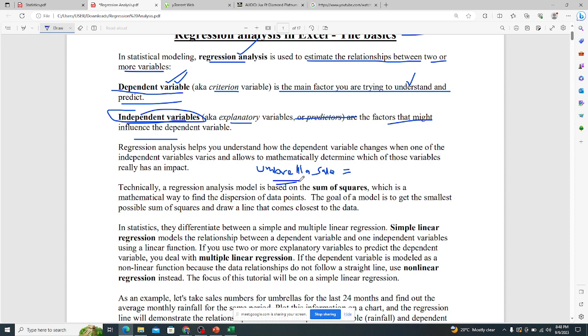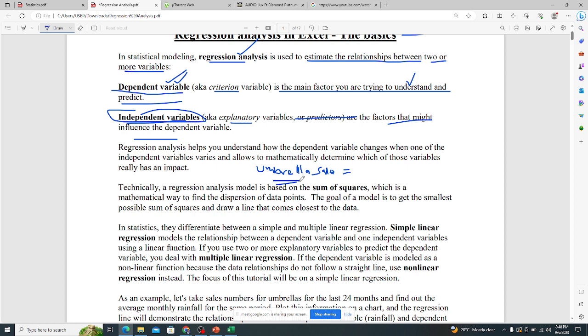This decision will help you to restock, knowing which months you need to stock more umbrellas and which months you don't.